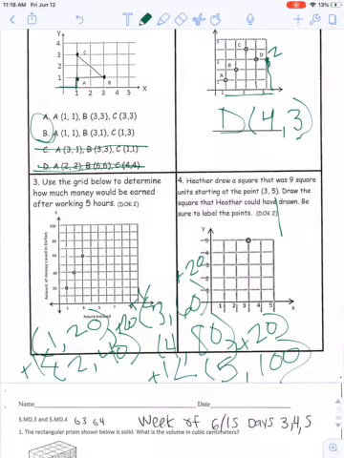And with 5, it would be 5, 100. So I can go ahead and plot that. I'm going to plot 4 at 80 as well to complete our line. And you can see how that perfectly matches up. My line is not perfect, but the plots are. So the answer is $100 would be earned after 5 hours.